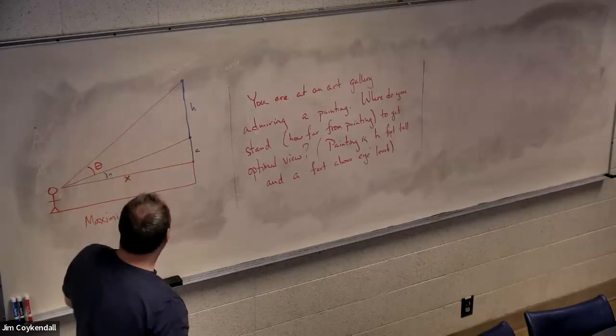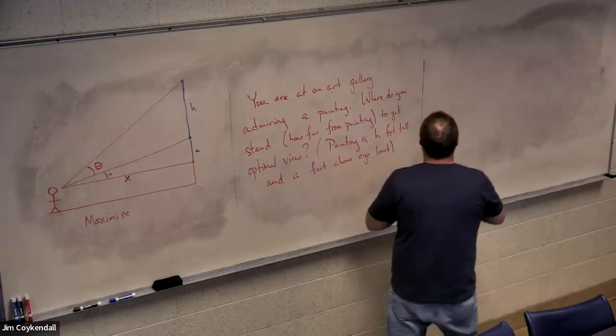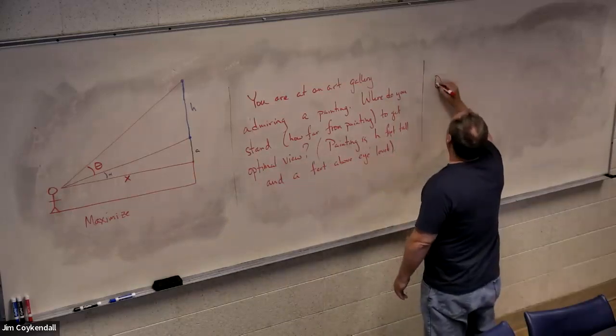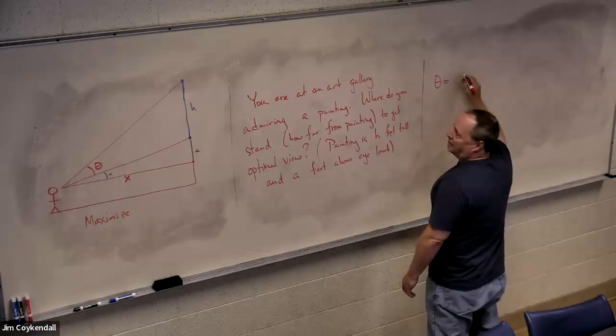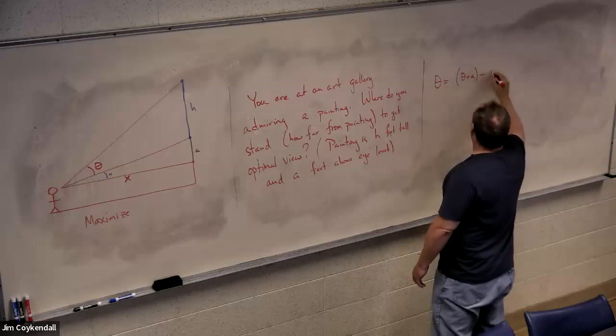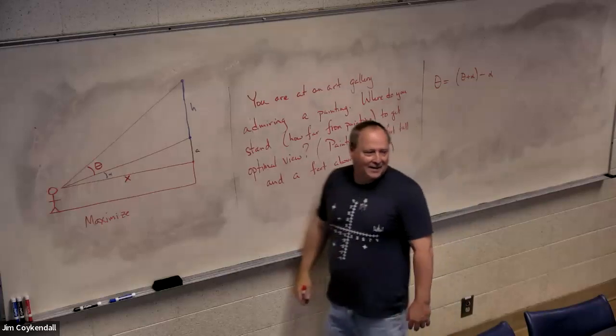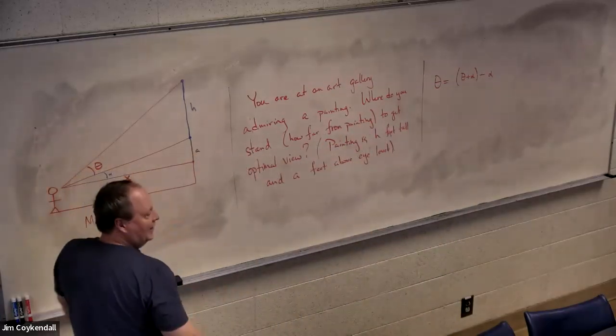Everybody agree with that? So let me write down something very silly and naive. I feel like a little tool writing this, but I'm going to do it anyway. Theta is equal to the whole angle, take away the little alpha angle.